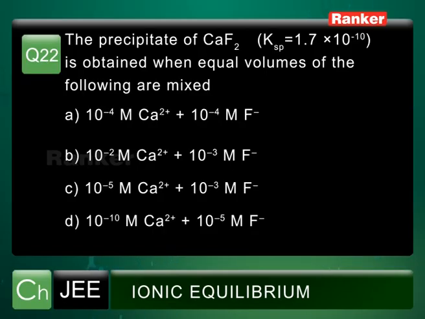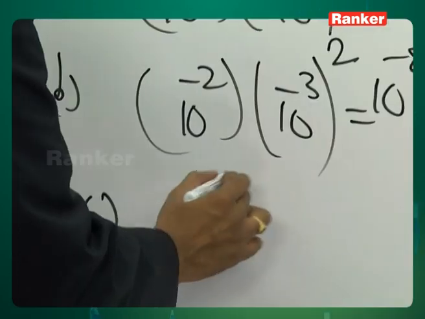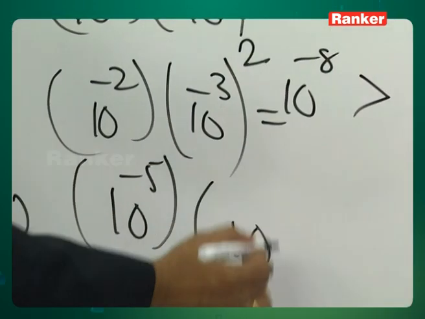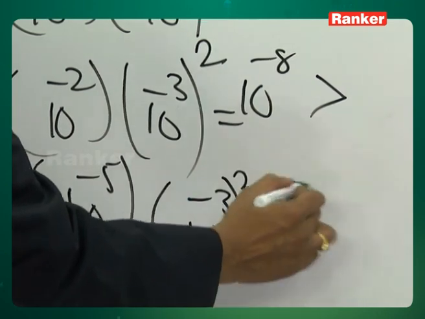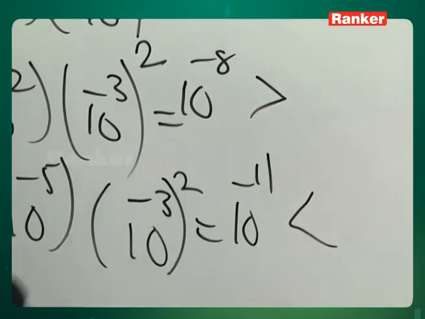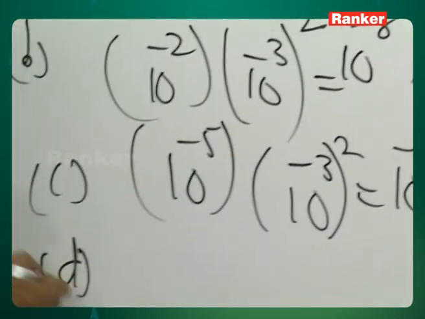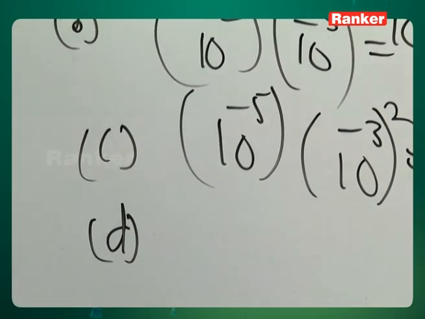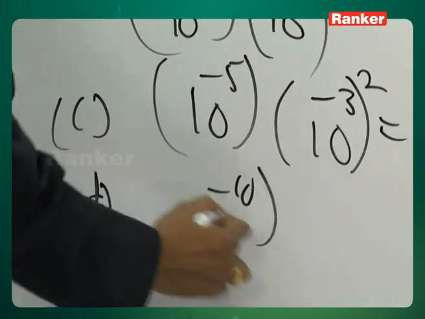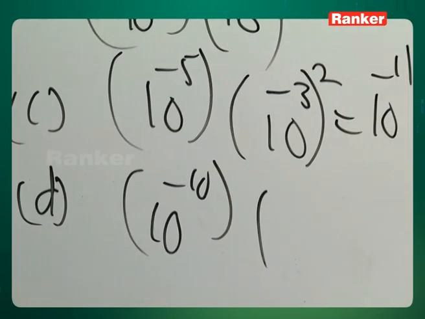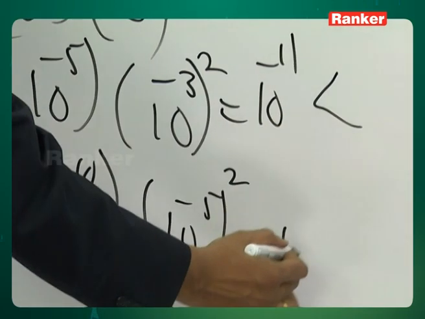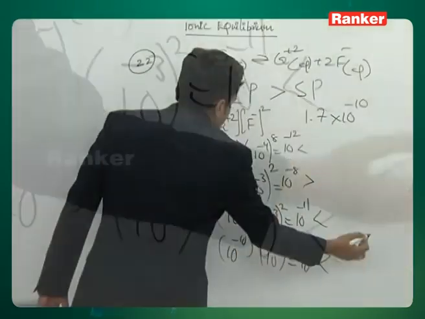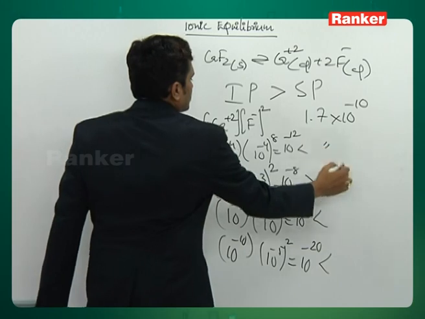Third option is 10 to the power minus 5 molar of calcium and 10 to the power minus 3 molar of fluoride, 10 to the power minus 11, less than the value, I mean to say KSP. The last option is 10 to the power minus 10 molar of calcium and 10 to the power minus 5 molar of fluoride ion, which is 10 to the power minus 20, which is obviously less than the KSP value.